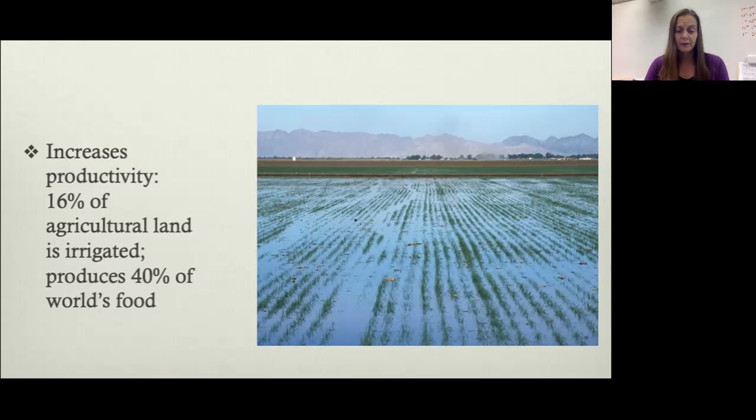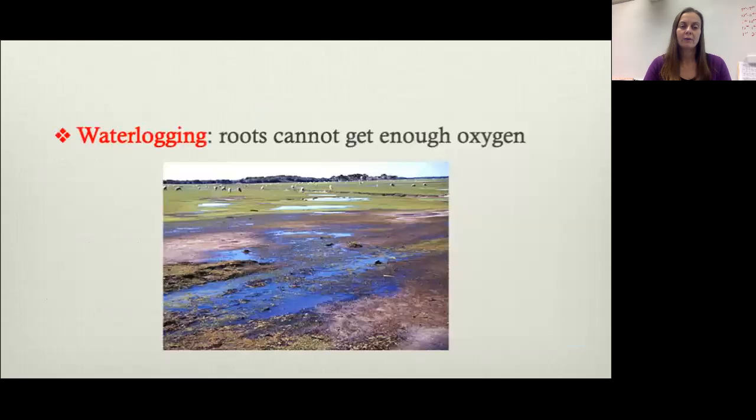There are some downsides to irrigation. So what are they? Because obviously it's a big positive that it increases productivity. However, sometimes when we irrigate land, we get waterlogged soil. And when soil gets waterlogged, the roots of the plant can't get enough oxygen. You might not think about the fact that roots need oxygen, but when they're in water-filled soil, they can't pull in oxygen from those pores that normally exist in the soil.